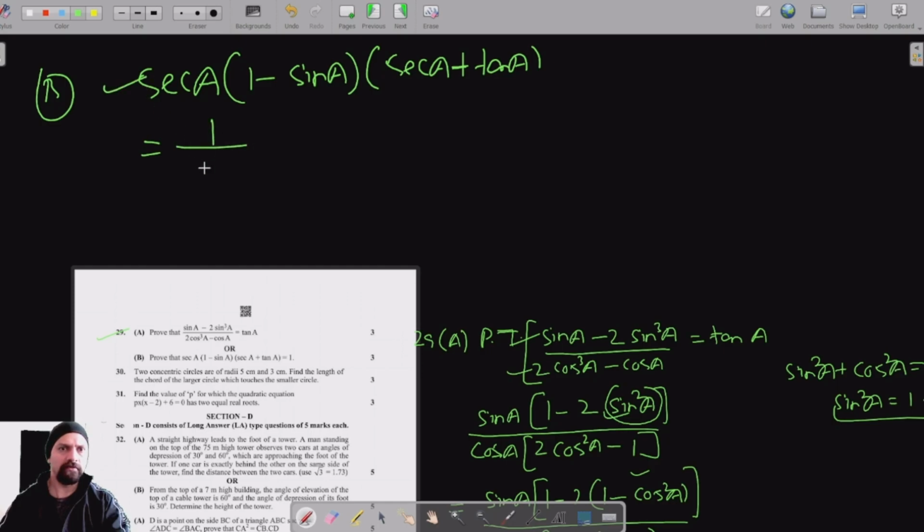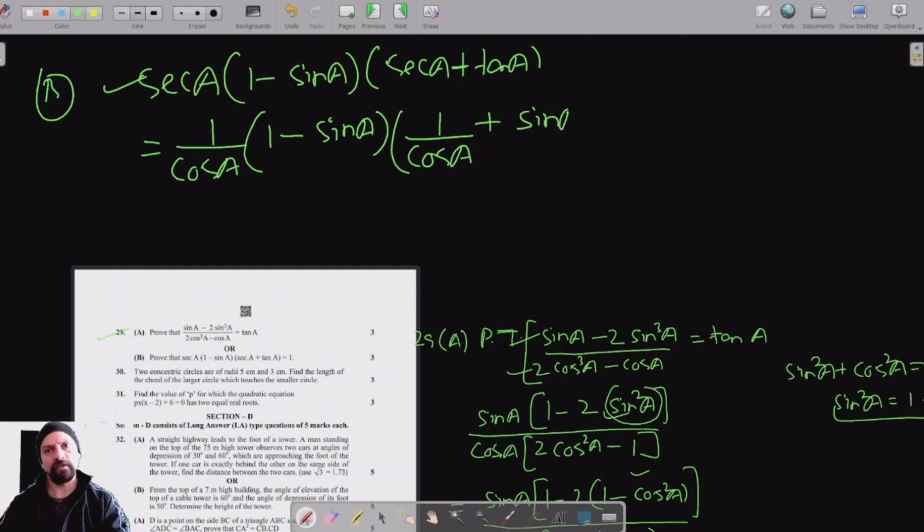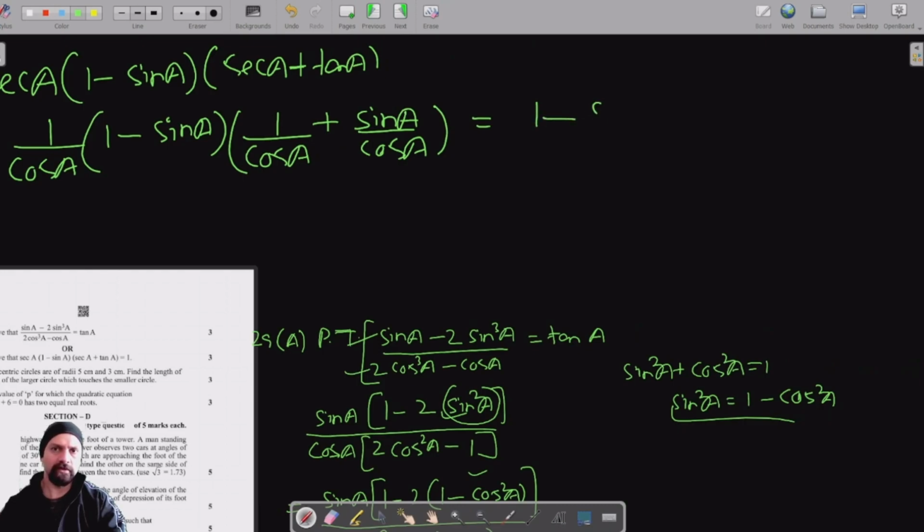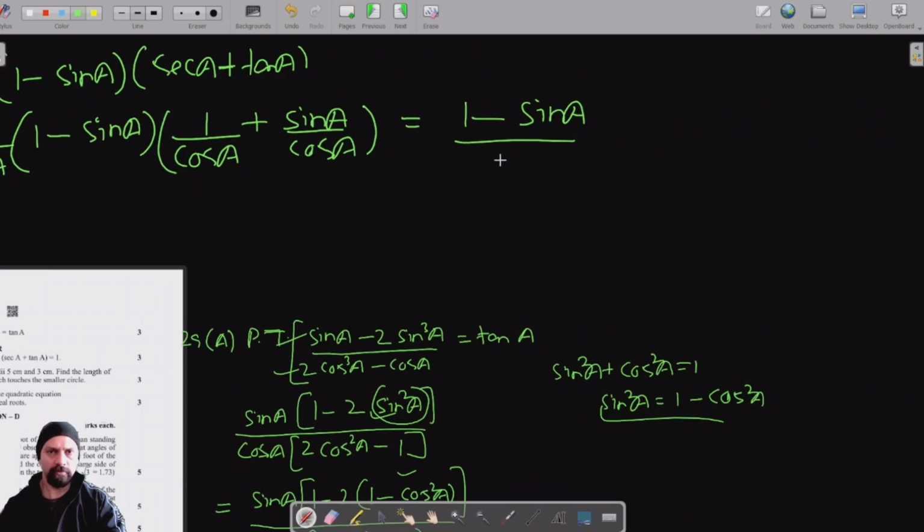Now secant is 1 by cos A, so we have 1 by cos A into (1 minus sin A). Now secant is 1 by cos A, and tan A is sin A by cos A, which gives us this is (1 minus sin A) upon cos A.